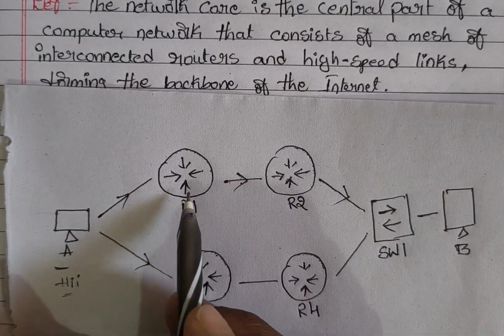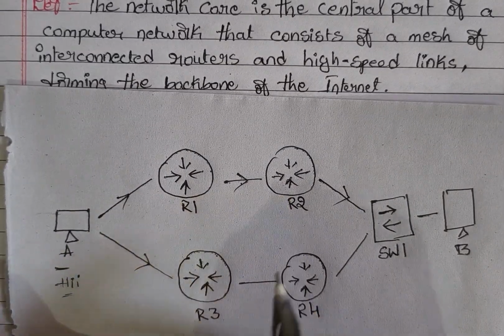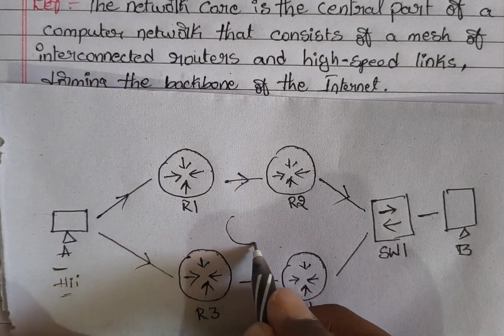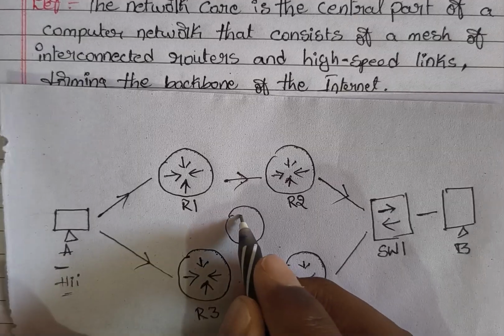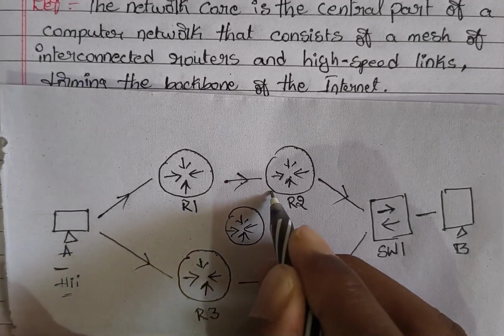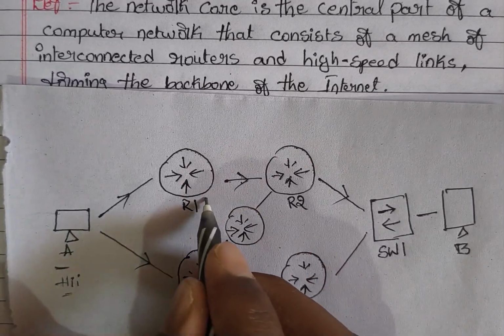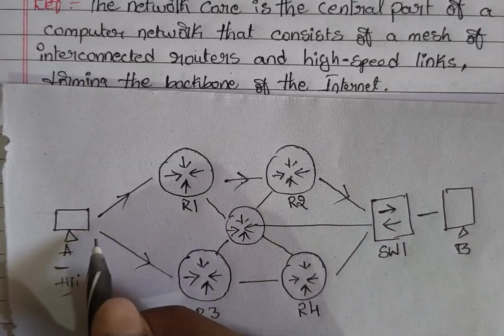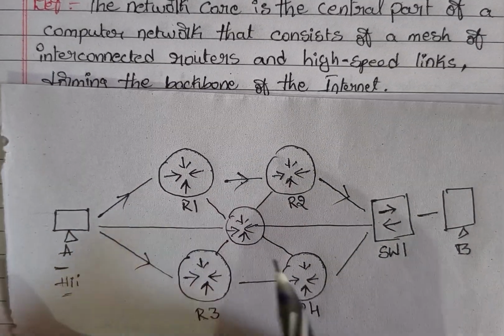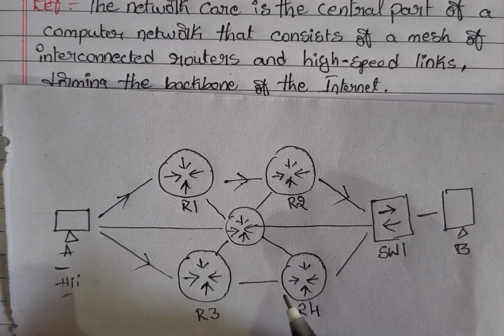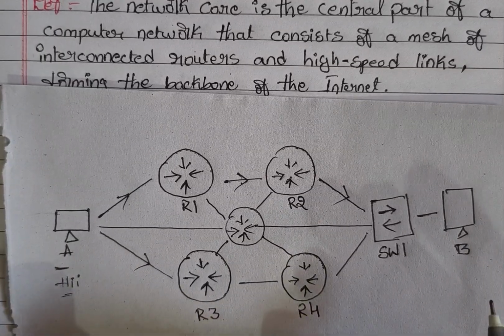Mesh of interconnected routers. R1 is connected to R2, R3 is connected to R4. If you want, there can be another router like this, connected like this, or connected like this, because a router has a lot of ports.